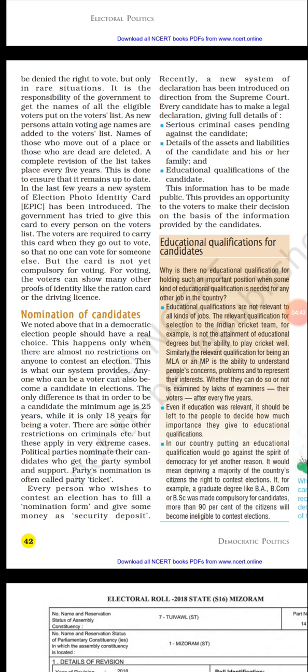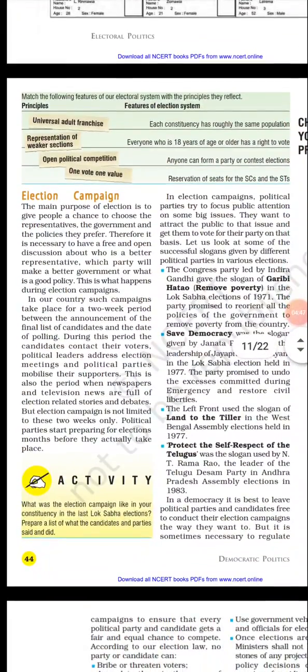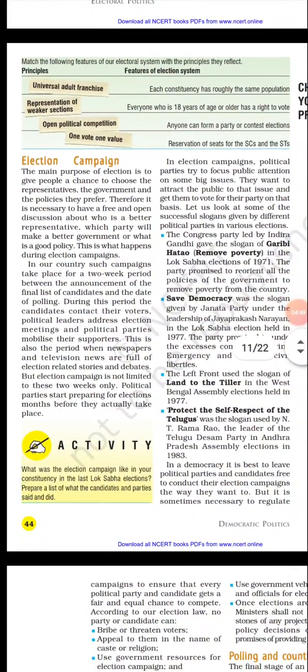Now the election campaign. We have seen so many election campaigns, right? So election campaign is very, very important for election. When we have heard about election, the candidates or the political parties, they used to start their campaigning beforehand, or you can say a month ago.